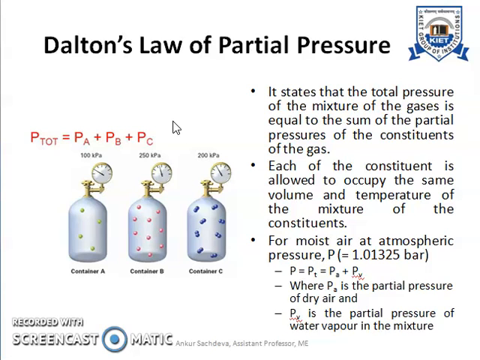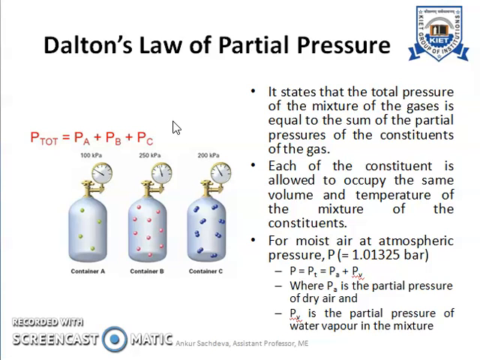When I say the dry part of the air, it means the mixture of nitrogen, oxygen, carbon dioxide and argon, which are mainly present in atmospheric air and whose composition at atmospheric pressure is fixed, whereas the composition of water vapor present in the atmosphere depends upon the pressure and temperature of the mixture at a particular location.